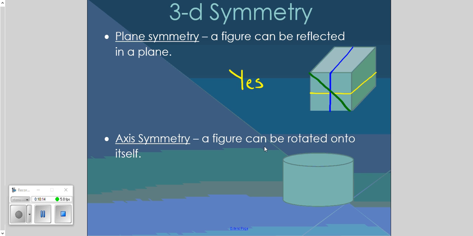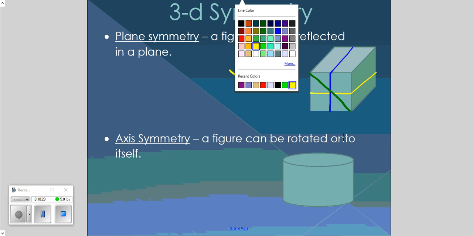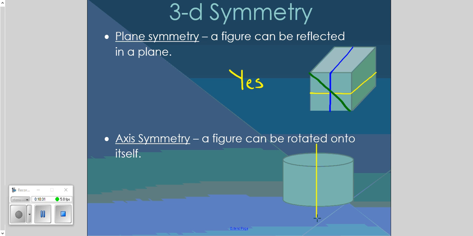And then there's also axis symmetry. The figure can be rotated onto itself. So we're just thinking about, can it be spun around and look the same? So for this one, if I were to put an axis right through this center, and then I rotate it around, it would look the same as it did to begin with.